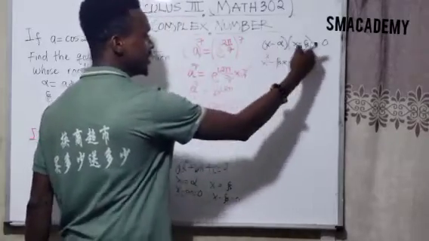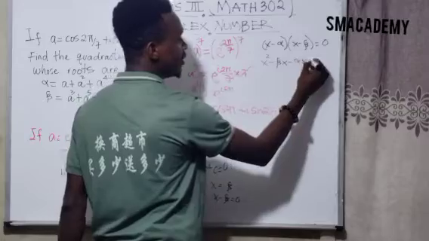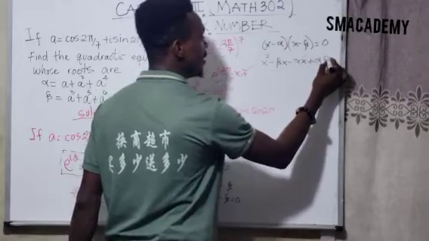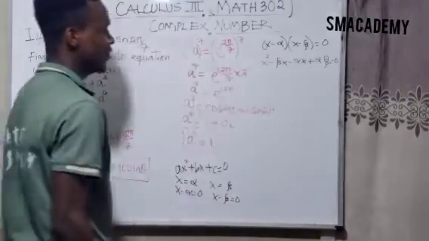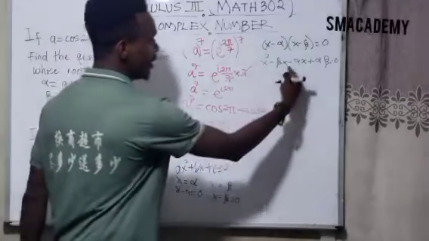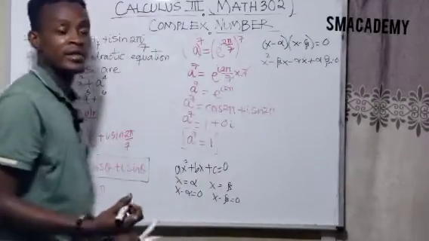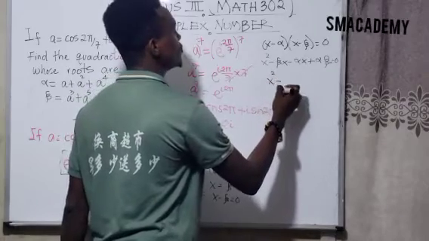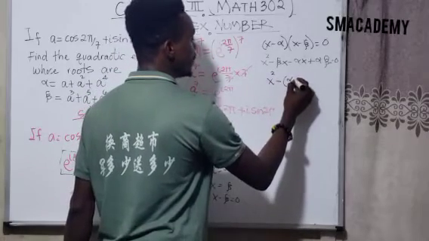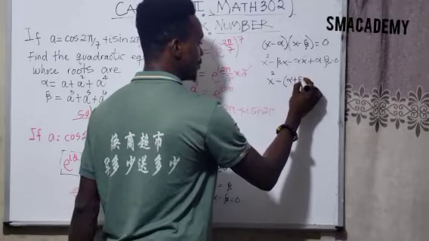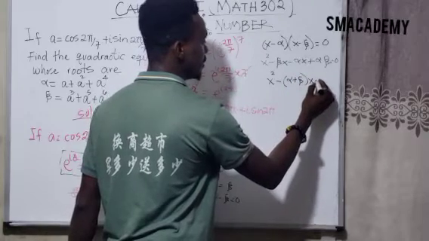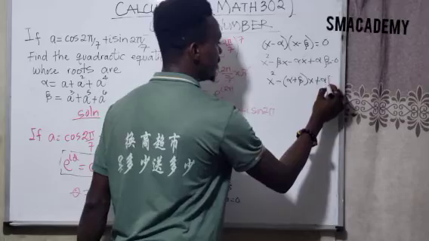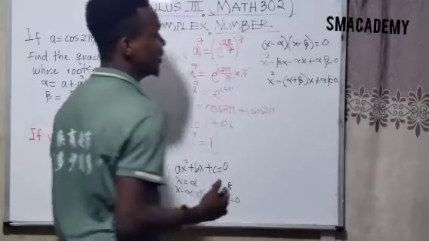Negative times negative gives positive alpha beta, equal to 0. The x is common, so if you factor x, we will have x squared minus alpha plus beta times x plus alpha beta equal to 0.